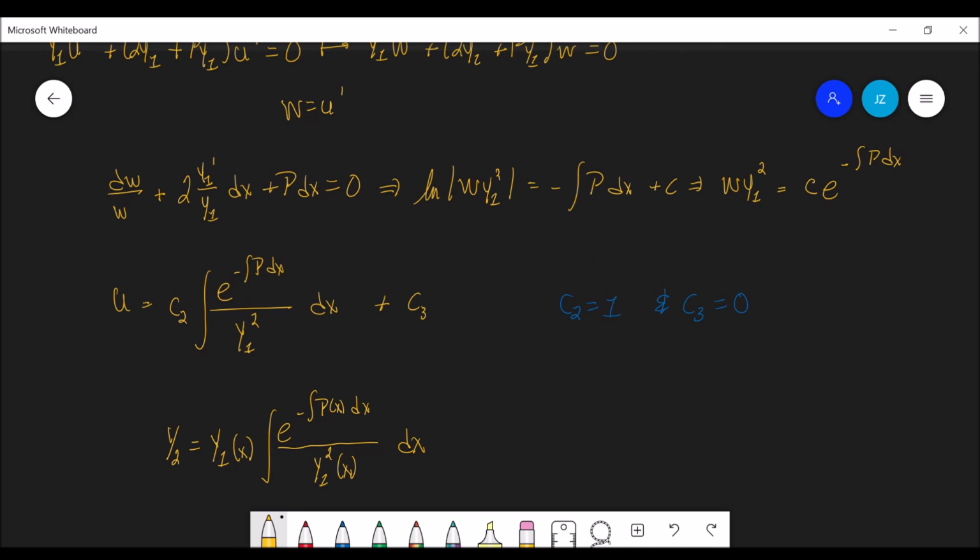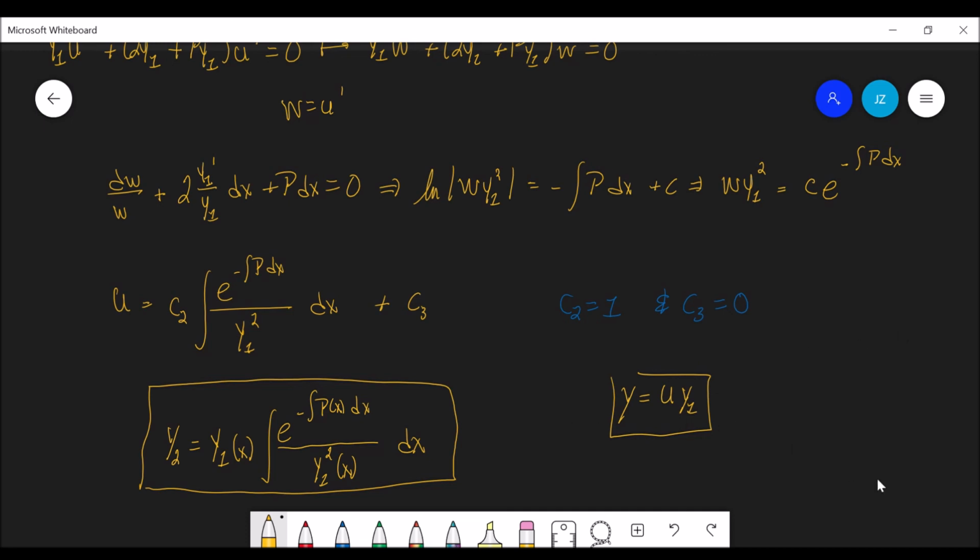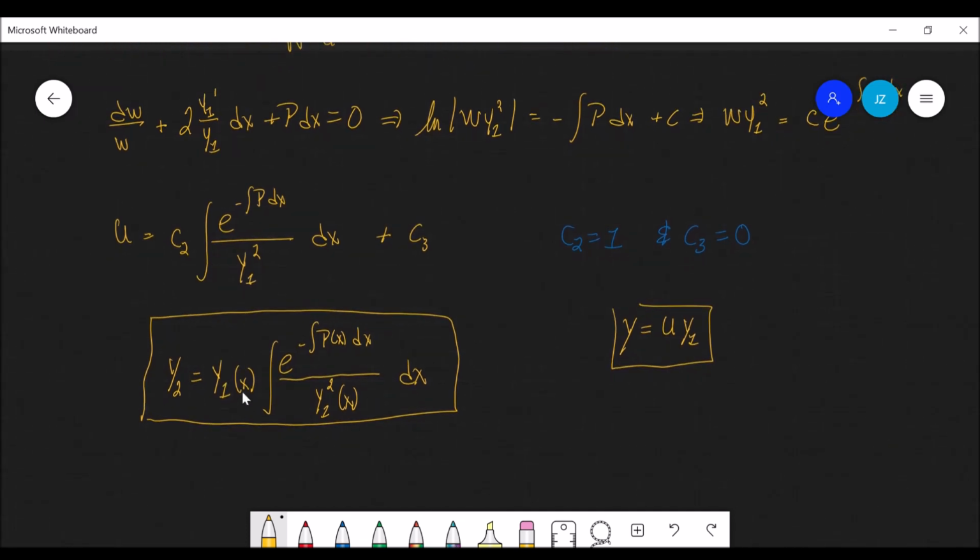And this comes from the fact that y was equal to u times y1. So this is how we can form a second solution from a known solution. We will be making use of this in future lessons.